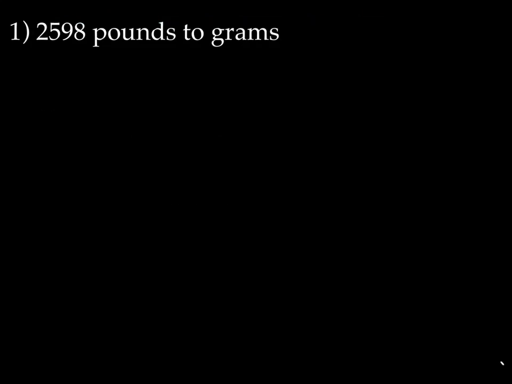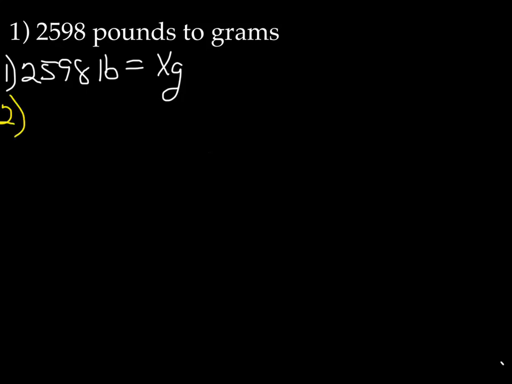All right, number 1. First thing I'm going to do is rewrite this as a math problem. 2,598 pounds equals X grams. Then I am going to write my grid.